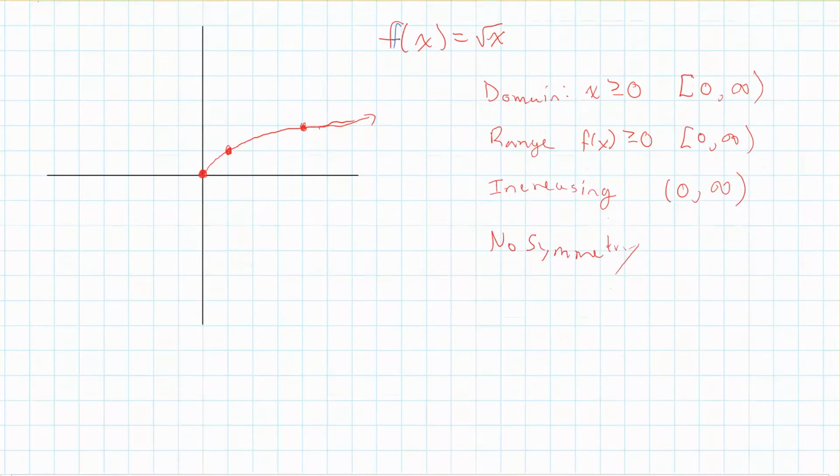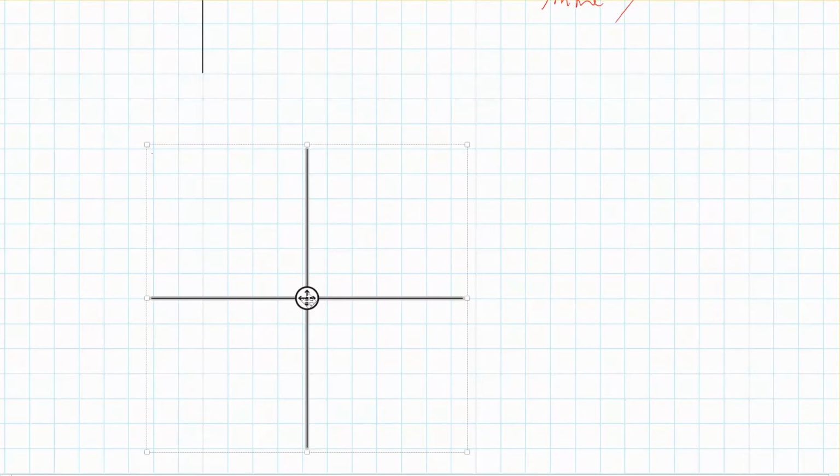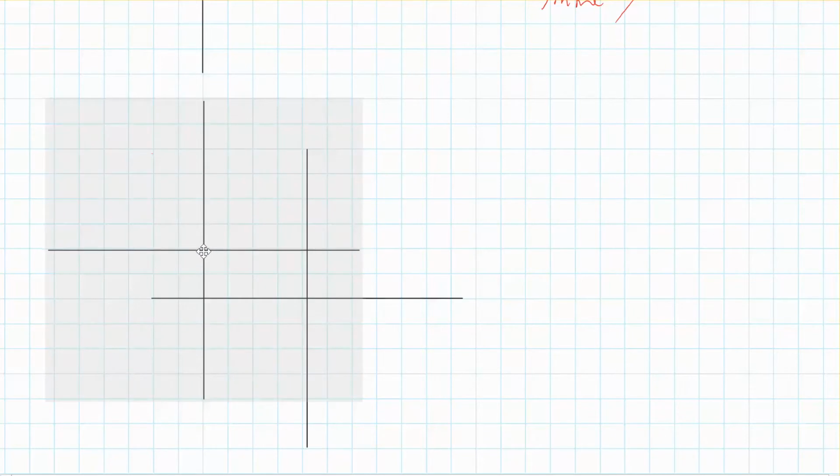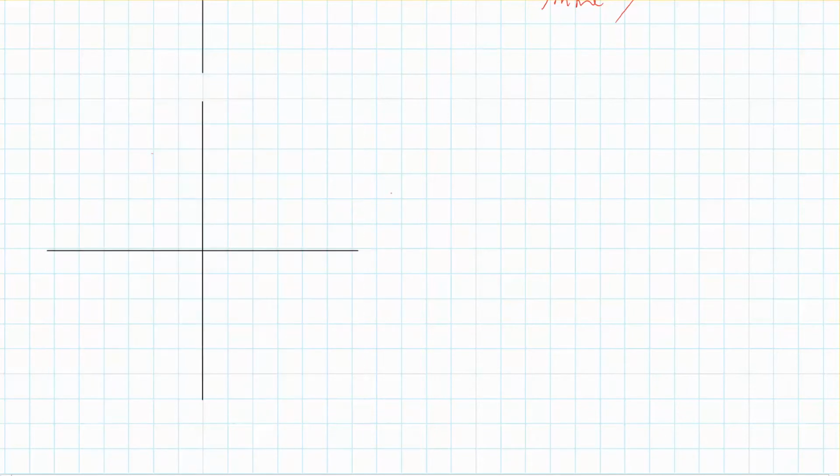Next function here, this is the one function that we don't plot very many points on. f of x equals 1 over x, although we'll go ahead and plot a couple.